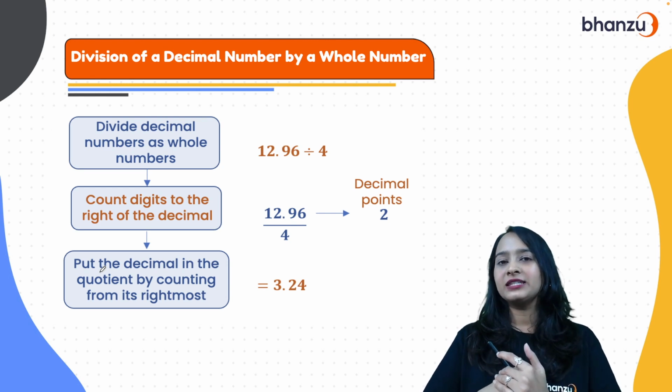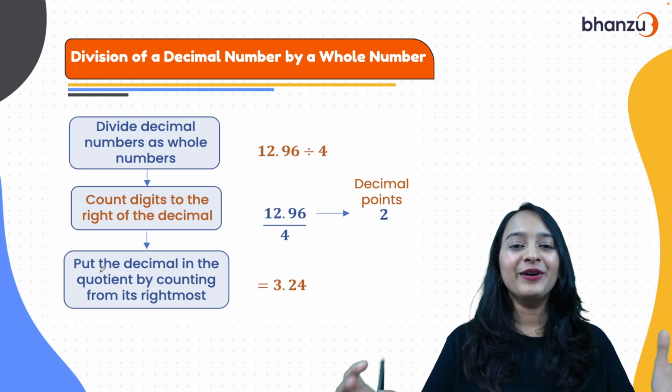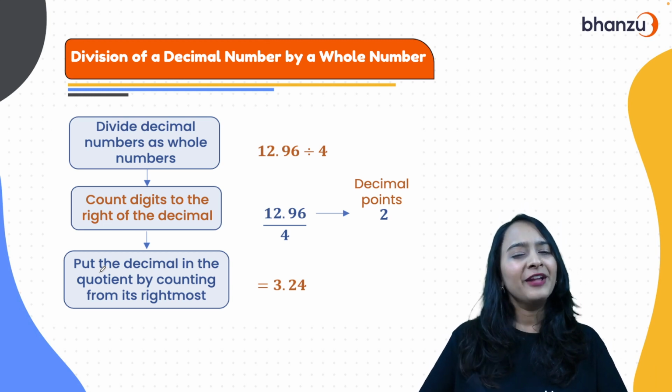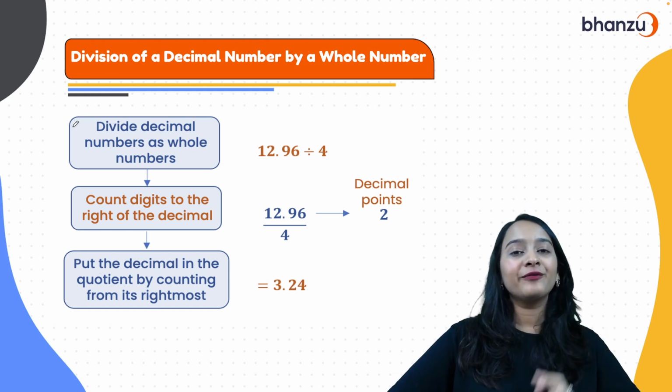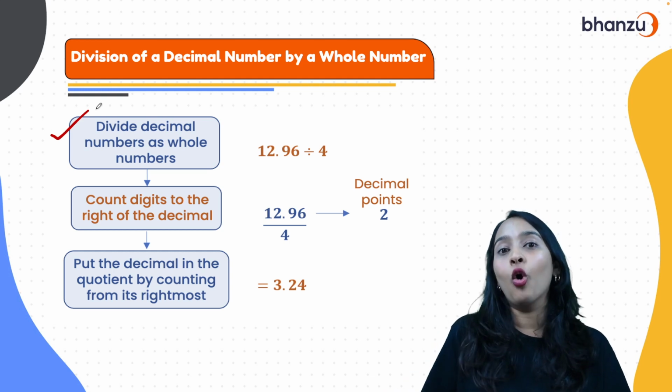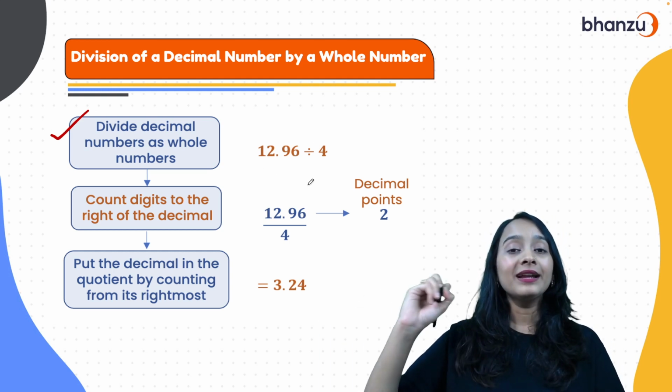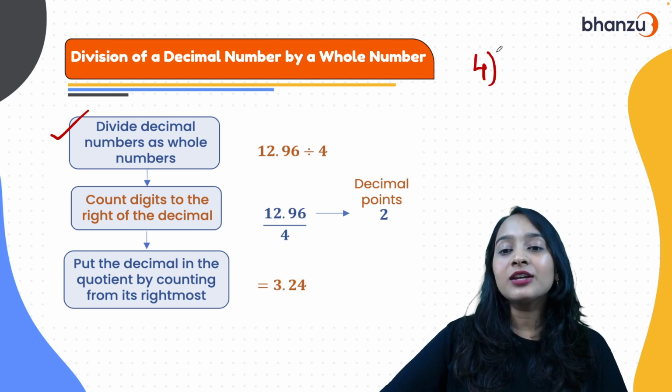Now the next procedure is, how do we divide a decimal number by a whole number? Very easy. First, what you have to do is divide the decimal number as a whole number. So don't divide 12.96 as a decimal number, divide it as a whole number.